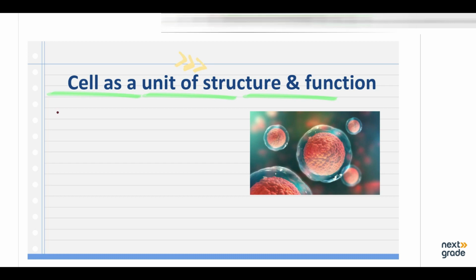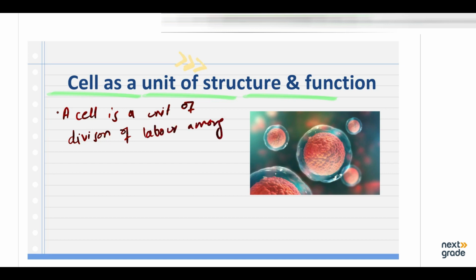Basically, a cell is a unit of structure and function in the living organism. In multicellular organisms, there is a division of labor among cells. Different cells are specialized to perform different functions, right?